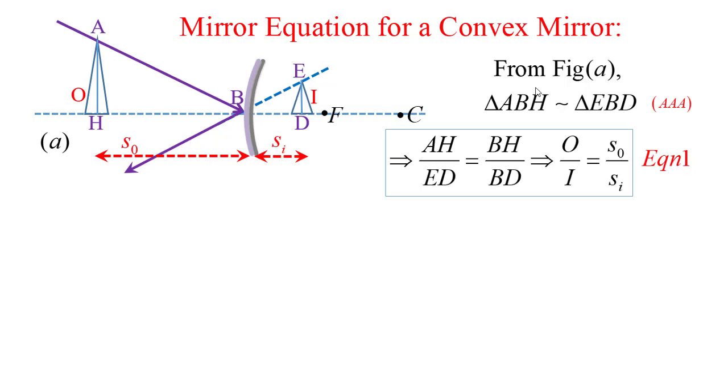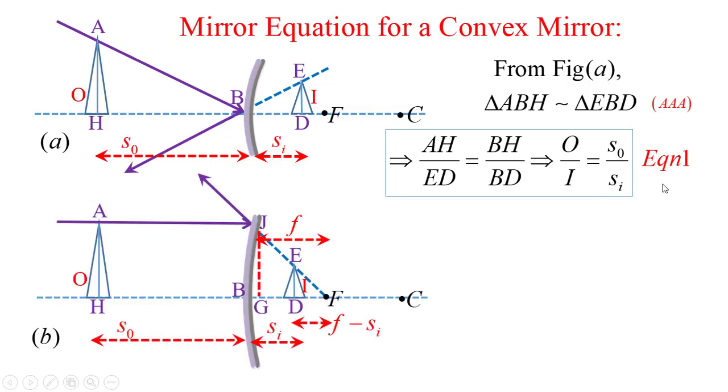And this implies that O over I, that is simply AH divided by ED, must be object distance divided by image distance. And we can hold this as equation 1. And from figure B, triangle JFG is similar to triangle EFD.